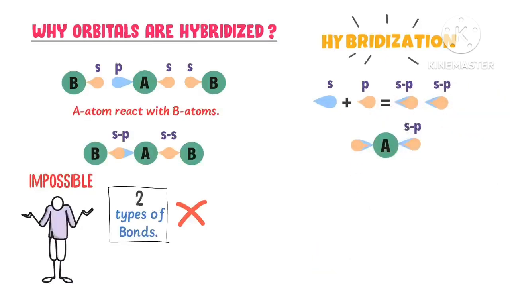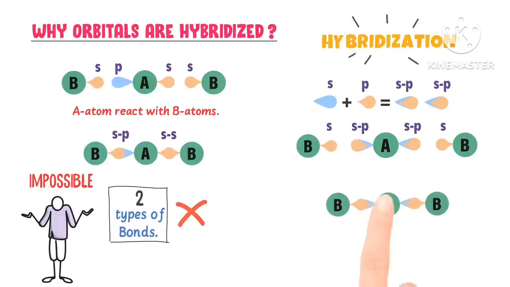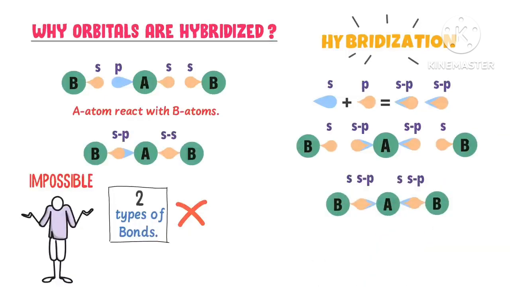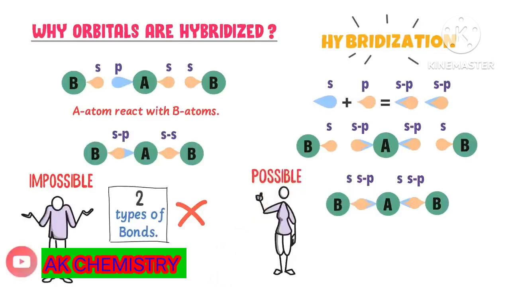Here, this is sp orbital and this is also sp orbital. Hence, this sp orbital of A atom will form a covalent bond with s orbital of B atom, and this sp orbital of A atom will also form a covalent bond with s orbital of this B atom. So this is now an ssp bond and this is also an ssp bond. Now we can say that A atom forms ssp bond with B atom, which is possible, understandable and 100% right.